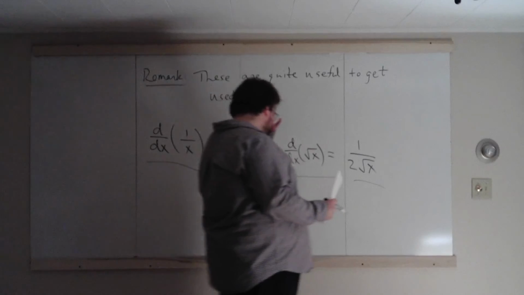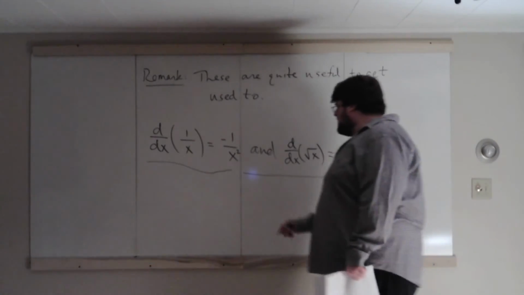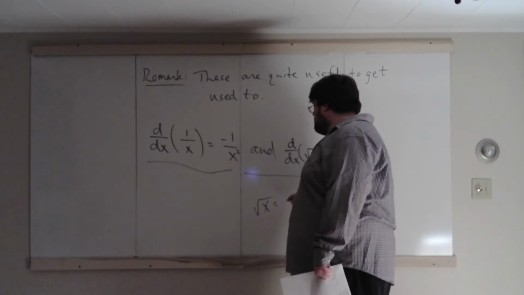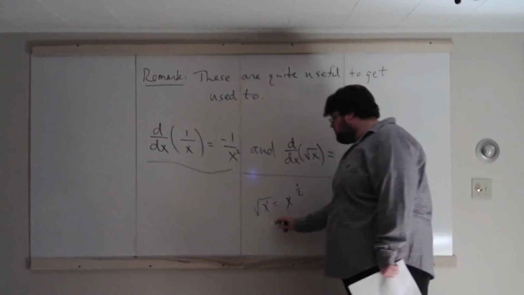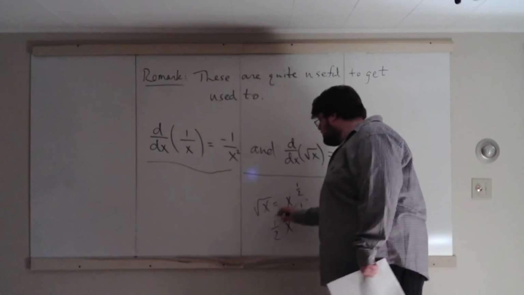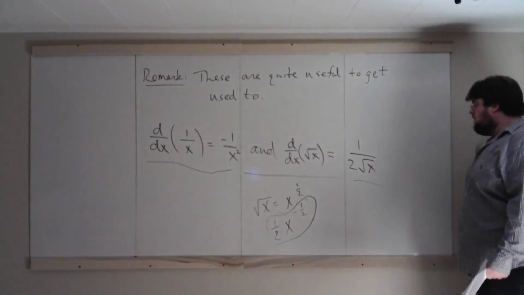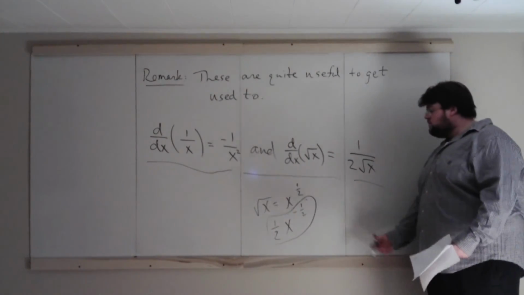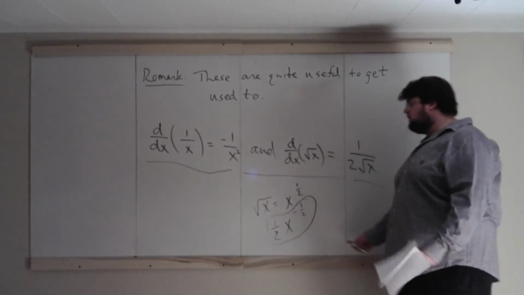And similarly over here, for root x, how would you do the derivative of root x? Well, root x is x to the half. So the derivative of x to the half would be a half x to the half minus 1, which is negative a half. You could write your answer like that. There will be things we do in this class where having it written like that is not very useful.